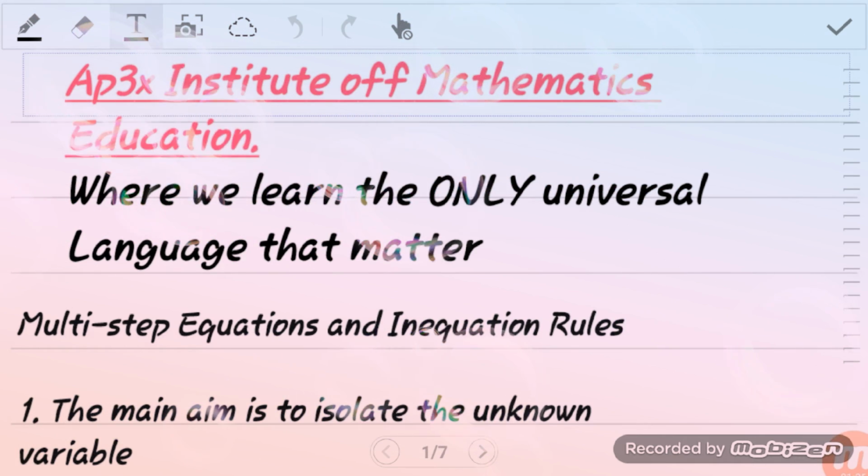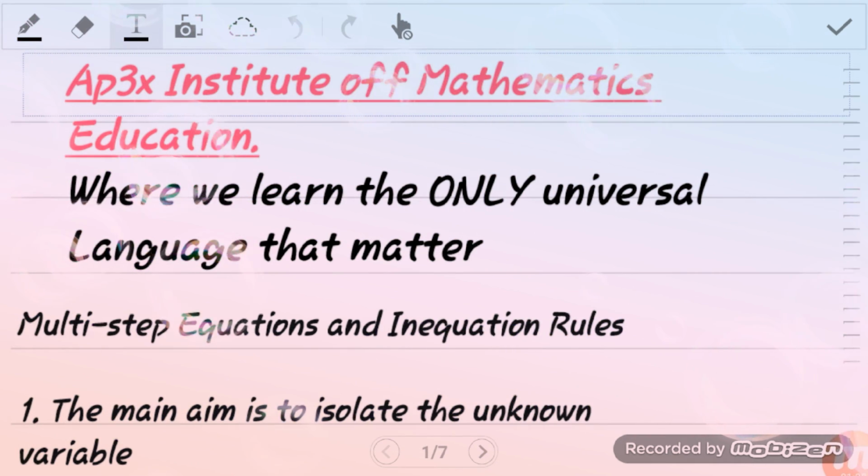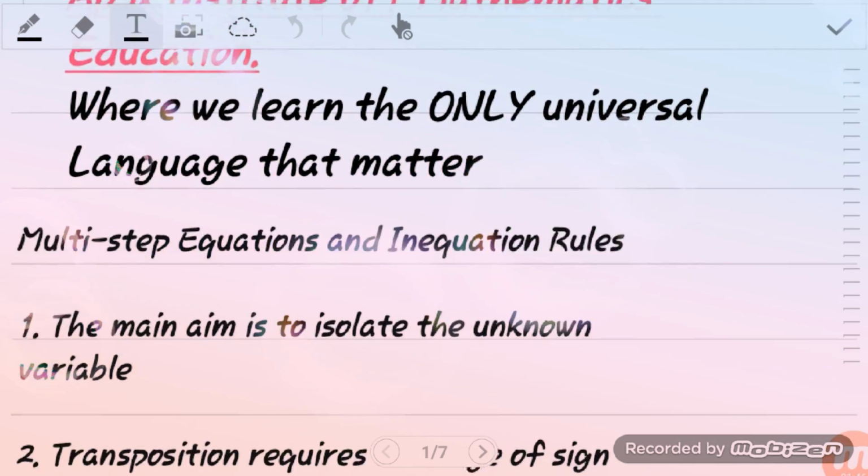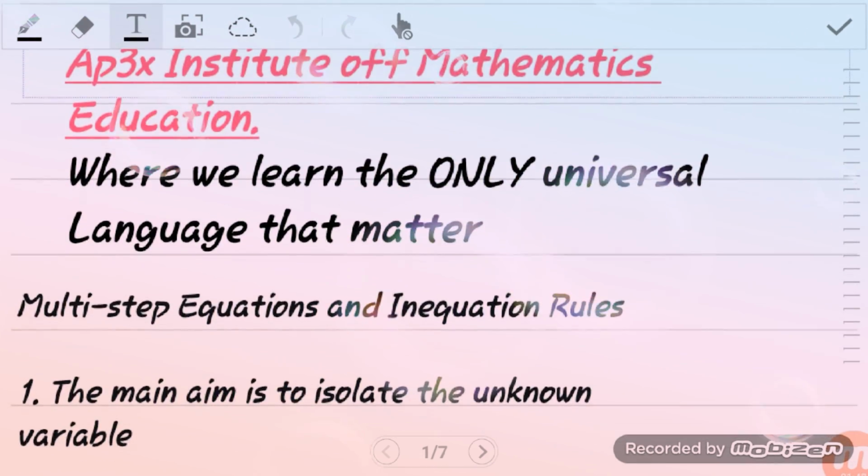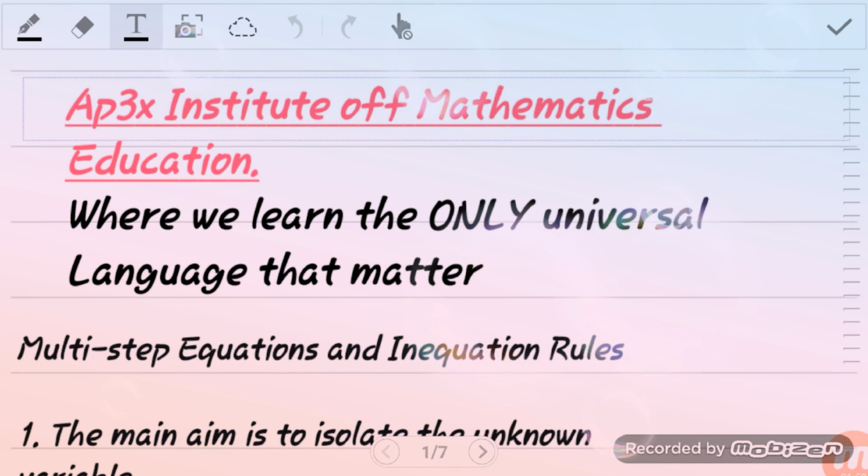Now let's jump right into the video, and we're going to be talking about multi-step equations and inequations. I went ahead and laid out some rules as it relates to solving equations, and I would more likely say that they're not really rules, so to speak, but more like things that you need to be aware of.